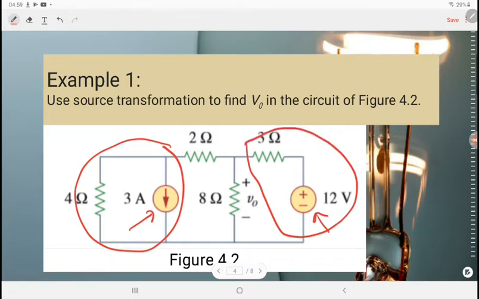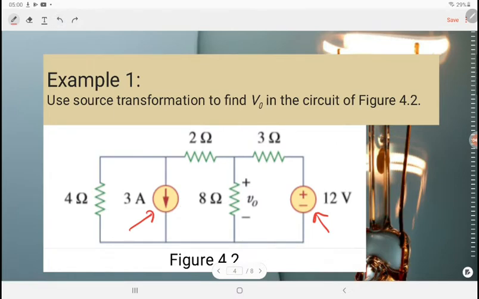Therefore, we can convert both sources: the current source into a voltage source, and the voltage source into a current source.